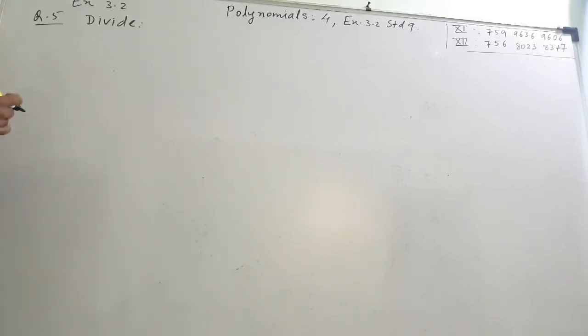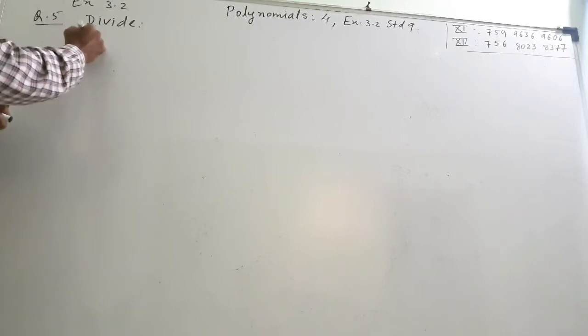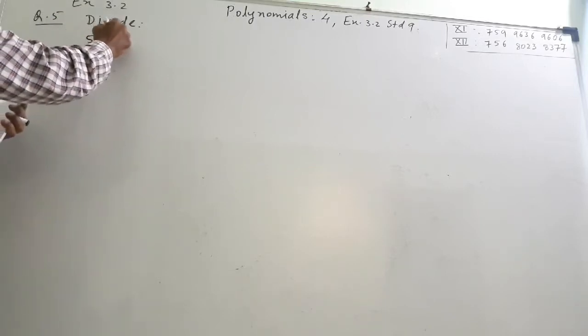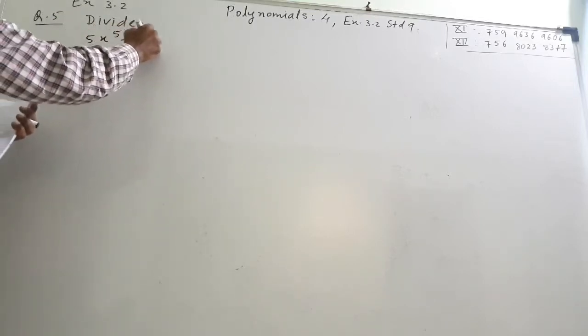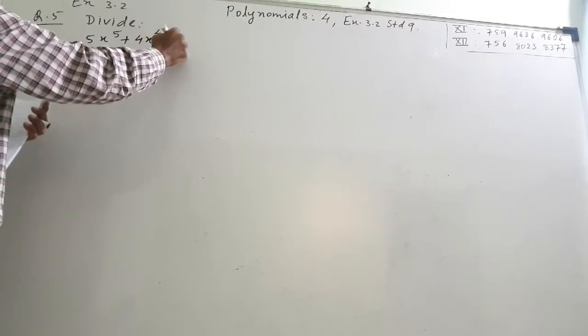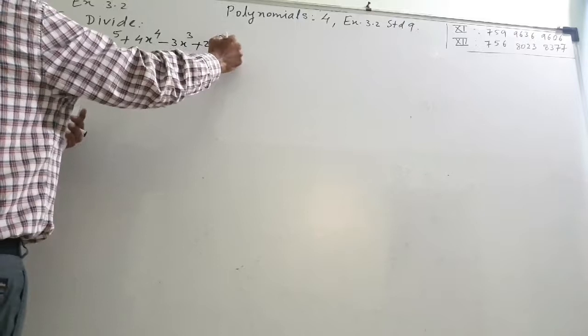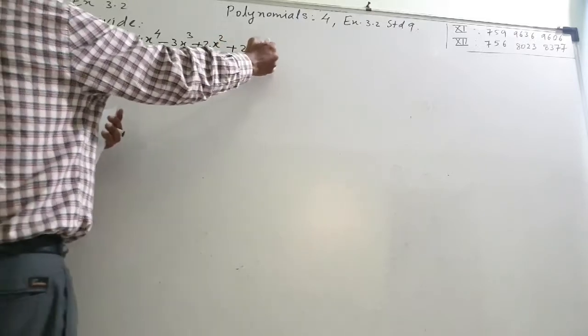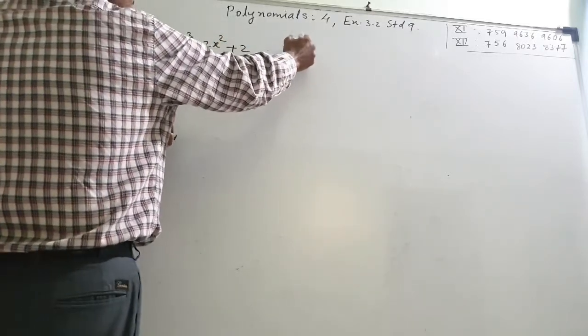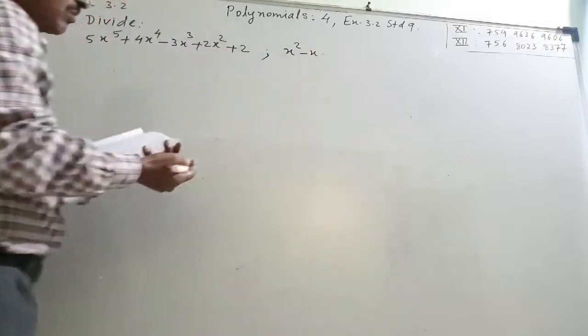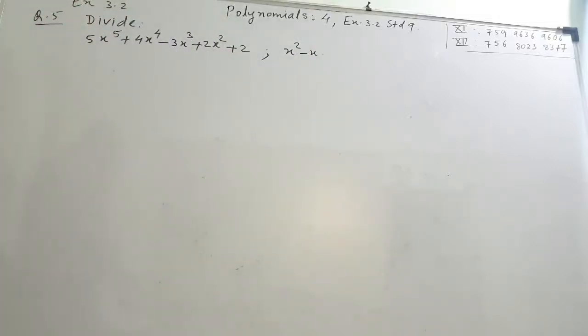Now the second one, 5x raised to 5 plus 4x raised to 4 minus 3x raised to 3 plus 2x square plus 2, and I have to divide it by x square minus x. So how will I write?